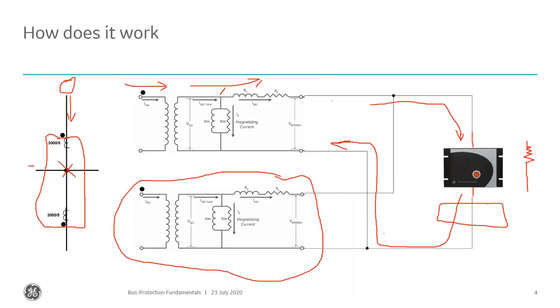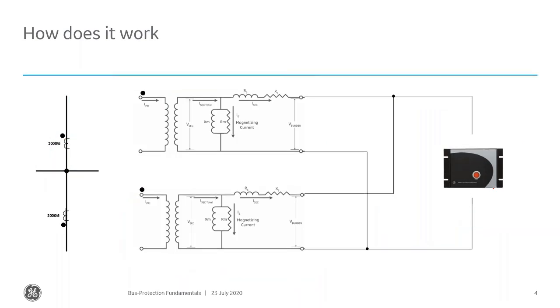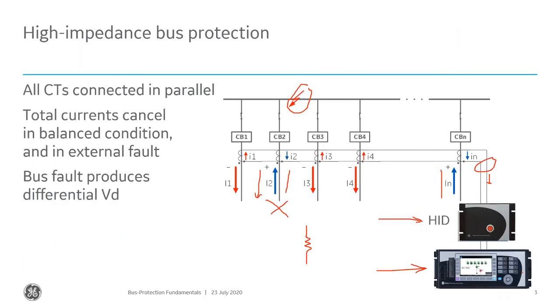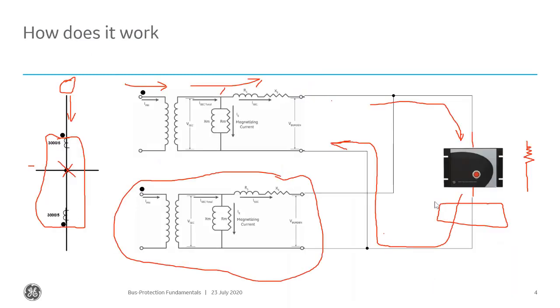There's two ways to do this. The electromechanical PVD relay would measure the voltage across that 2,000 ohm resistor, and that voltage would be its operating quantity. If we're doing this with a now obsolete GE-MIB relay or a modern microprocessor-based relay like this, connected to an HID, we're actually operating from the current that's flowing through the relay.